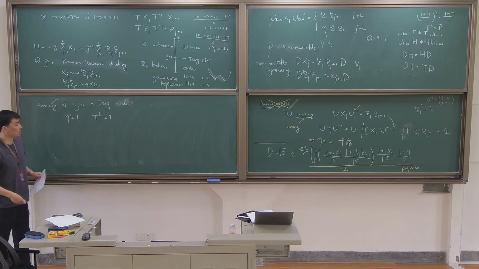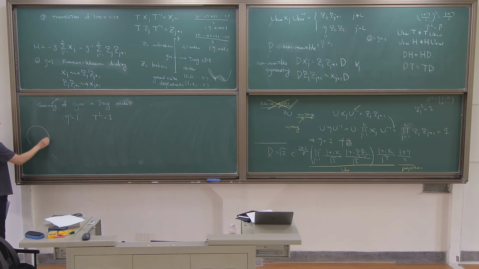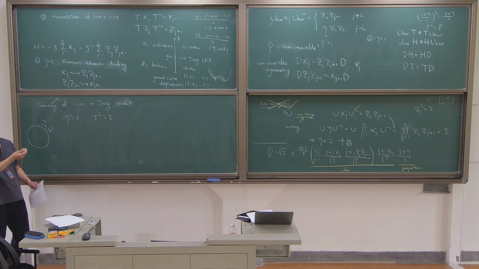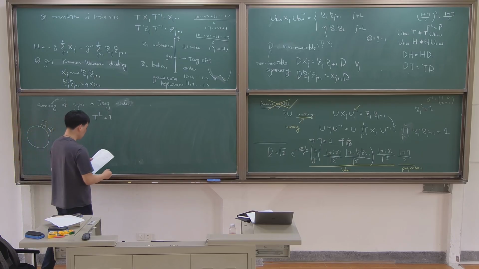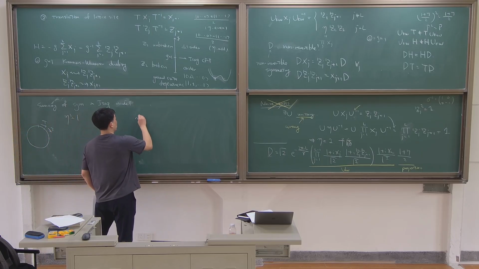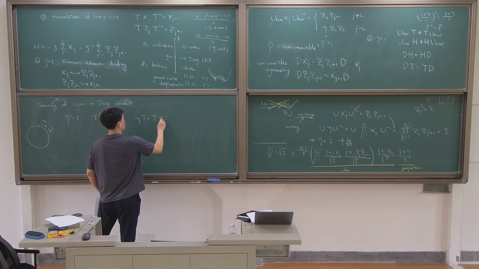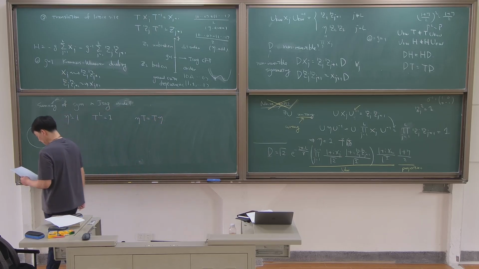Since we have translation, T is a translational symmetry. If you do L times translation, you should go back to the original. T to the L is equal to 1. And A should commute with T.